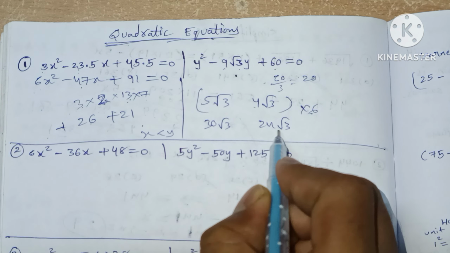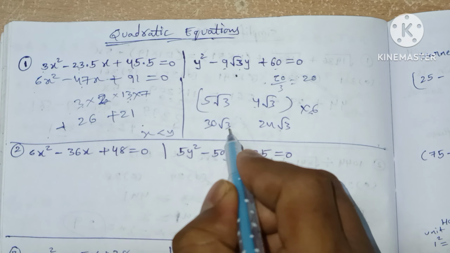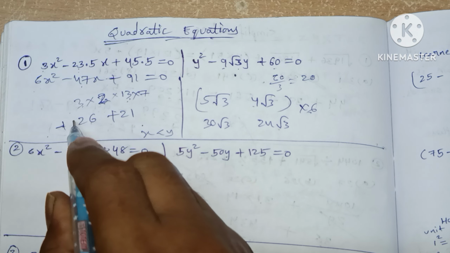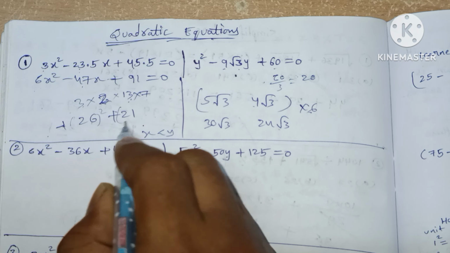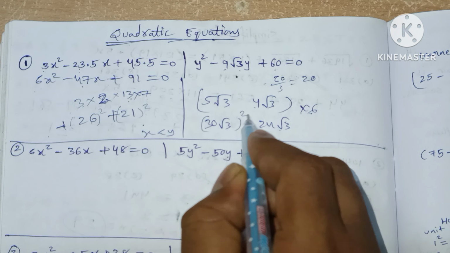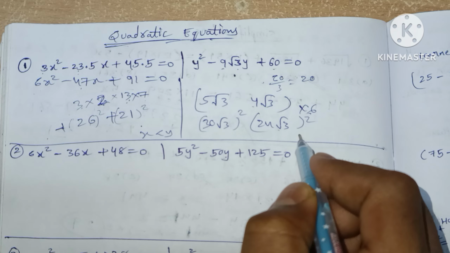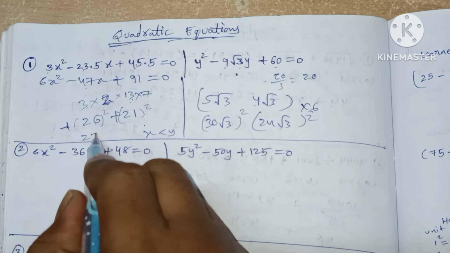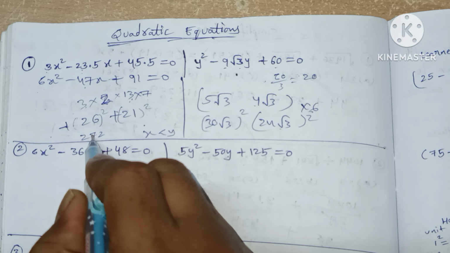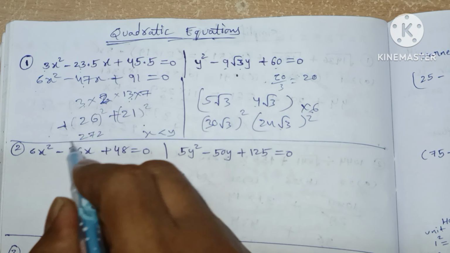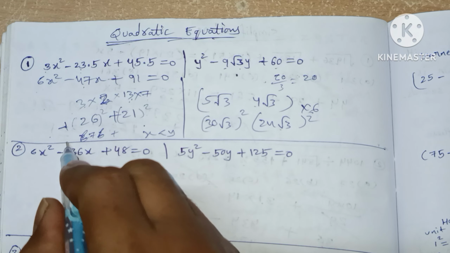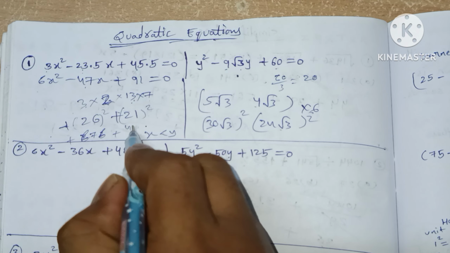If you have any confusion about how to compare these, let's make these into squares. This becomes 26 square, 676, and 21 square, 441.